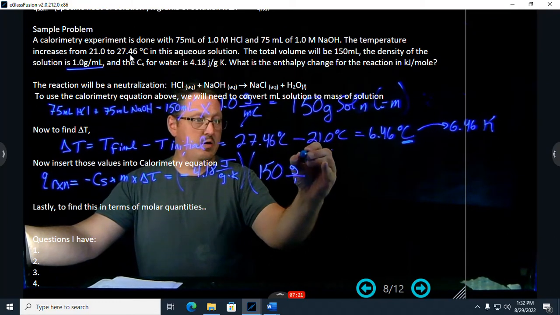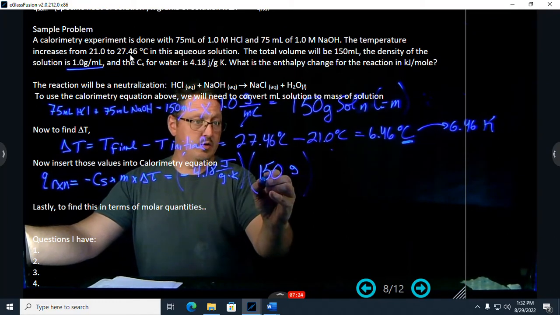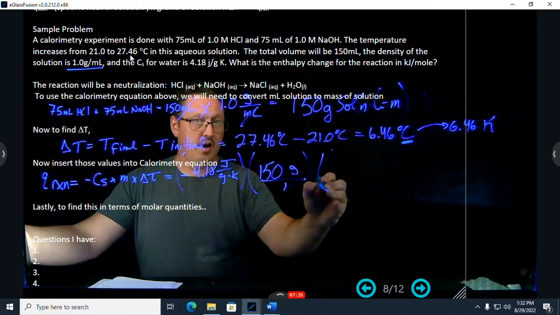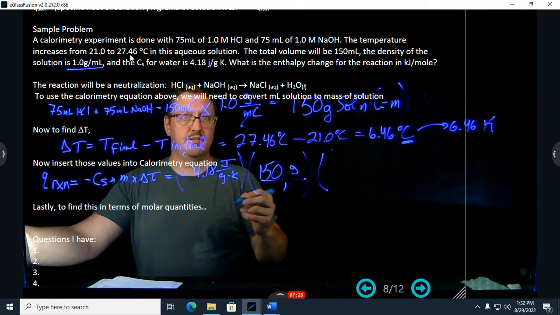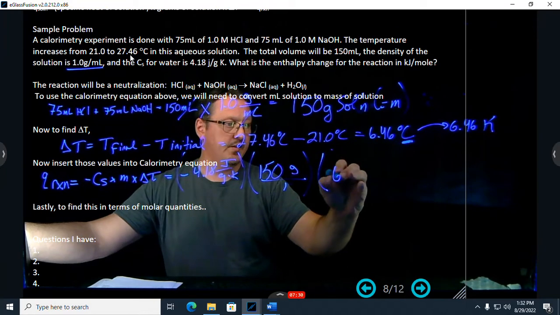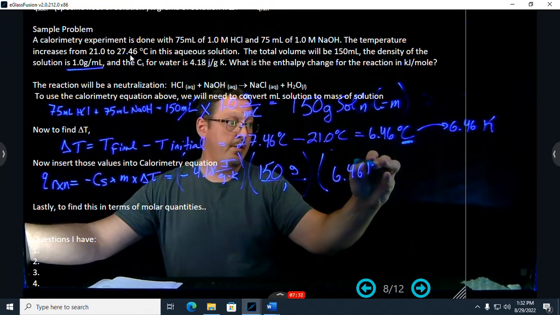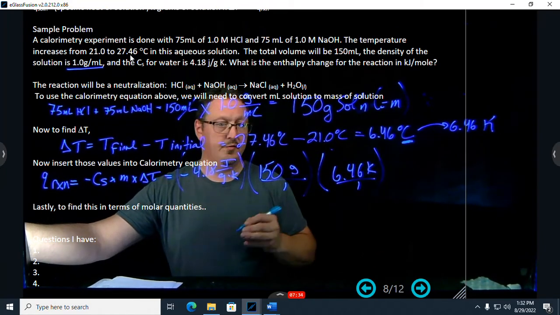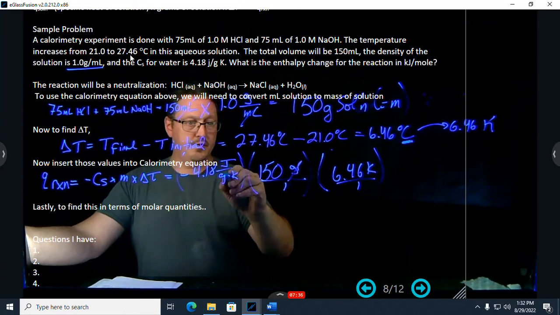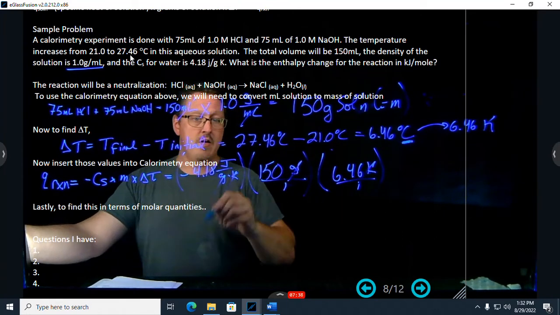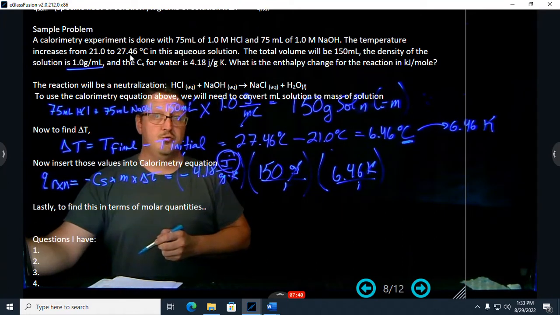Put that over 1. We put the whole thing over 1 if it makes you happy, times my change in temperature, which is 6.46 K. You can put that over 1 too if you want. Grams, grams, K, K.